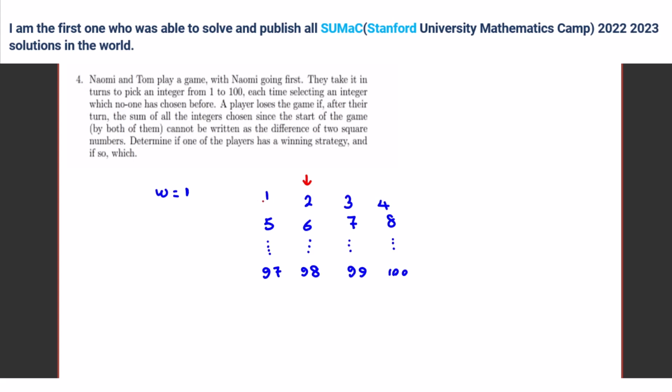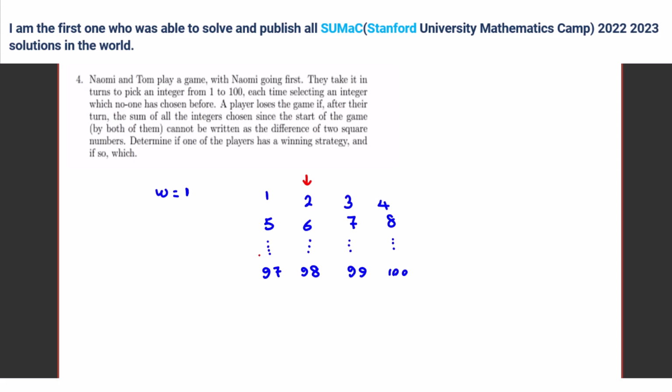So what you should say is a strategy for the first player, and say it's not important what the second player does, the first player can win, okay? Yeah, but my thing relies on the fact that whatever Naomi picks, Tom picks something which makes a multiple. So for example, what does the first player take in the first step? You should say exactly what she does.